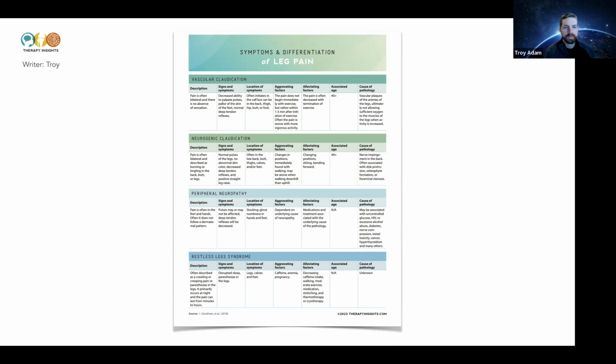I think this handout maybe serves two different populations in terms of clinicians and patients. I think this is helpful for the newer clinician, maybe somebody that's just getting started, or new to an outpatient setting, or new to differential diagnoses specifically.